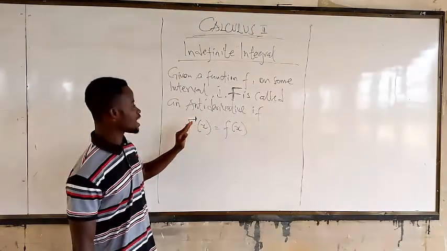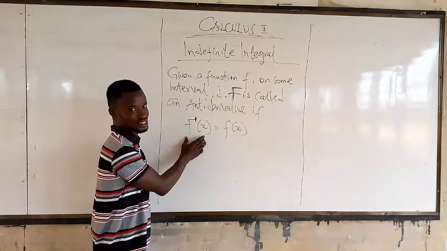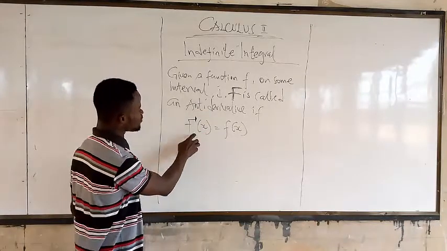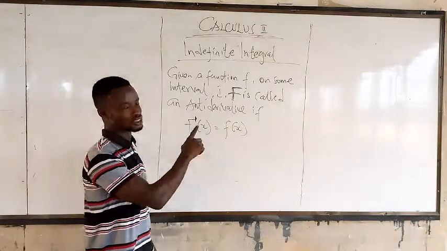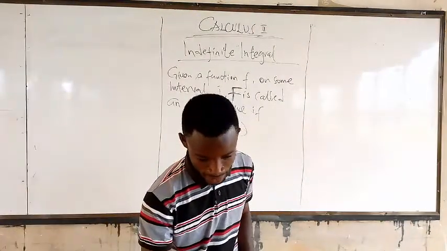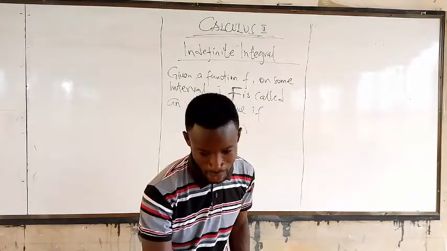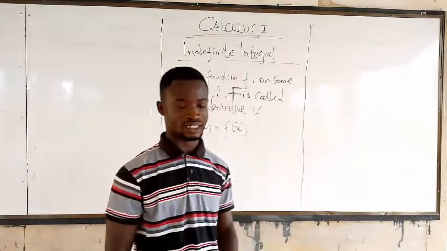F can be called an antiderivative if we can take the derivative of it, and when you take the derivative, you are going to get a function. That is what we call area. The capital F is what we call an area.